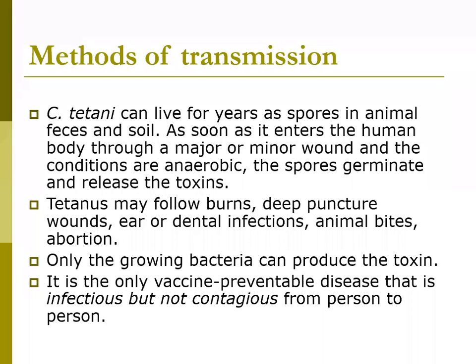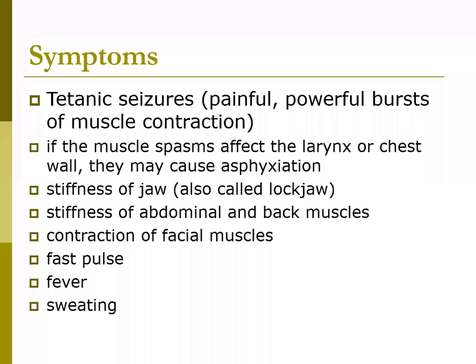Whenever a person gets abscesses or wounds by some sort of accident, they are immediately administered tetanus vaccines. Actually, these are not vaccines; these are antidotes for these toxins. So, what are the symptoms of tetanus? First of all, the muscles start to contract, and it's very painful for the body.